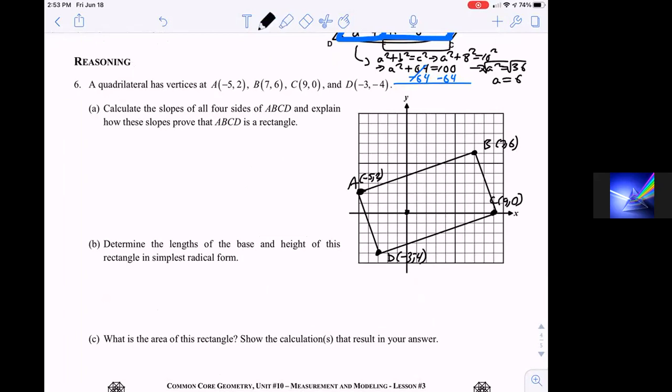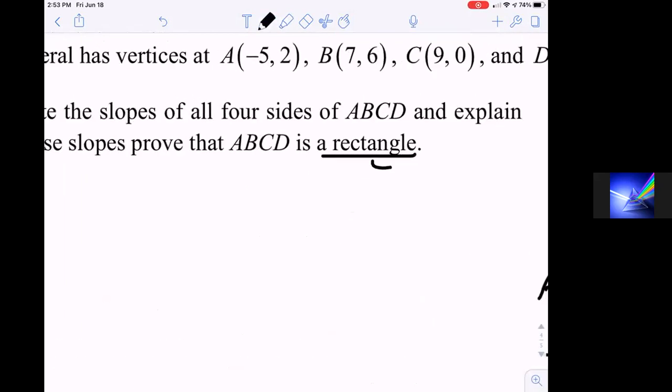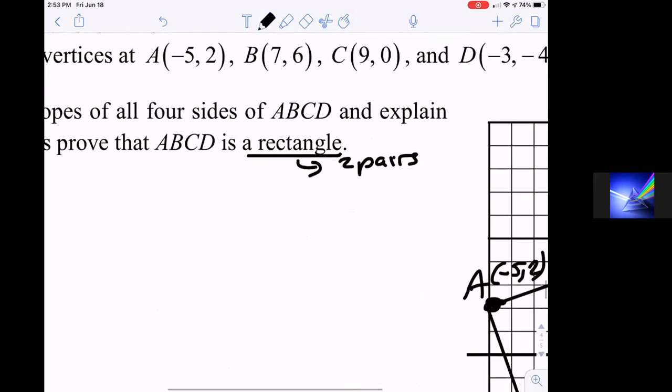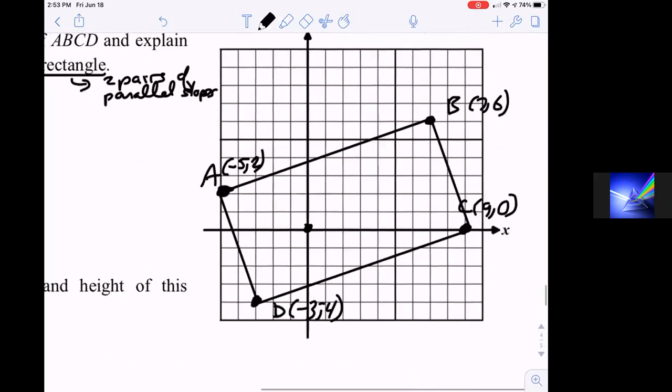Well, rectangles have 2 pairs of parallel slopes. Okay, what does that mean? It simply means that this side right here is going to have a slope. Now, slope means the steepness of a line. And when we first learned how to do slope, we did so in terms of a ratio of rise over run.